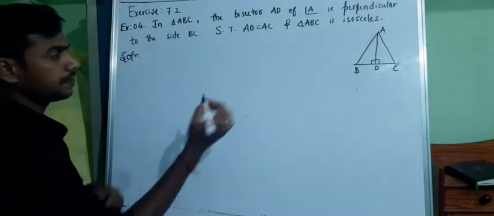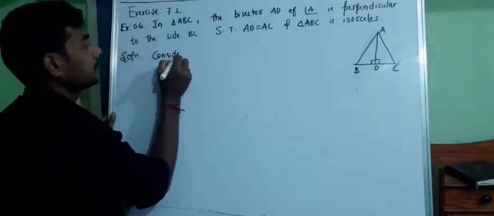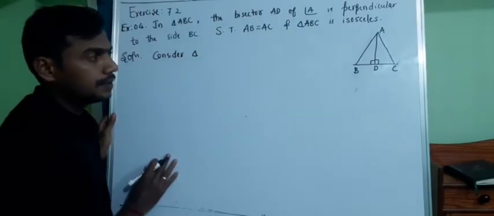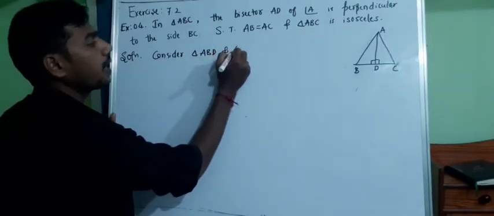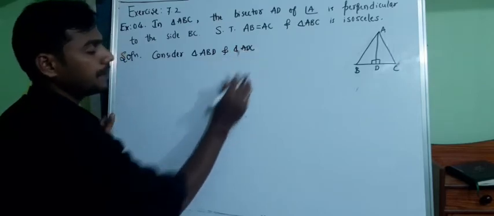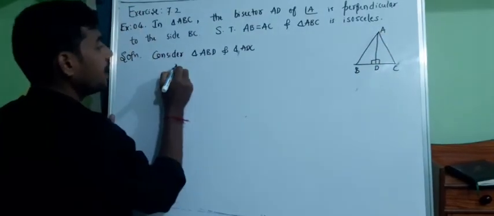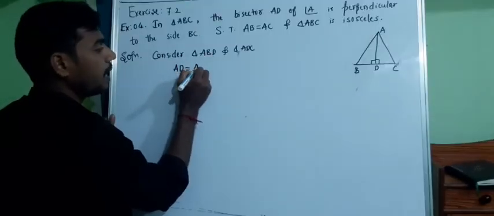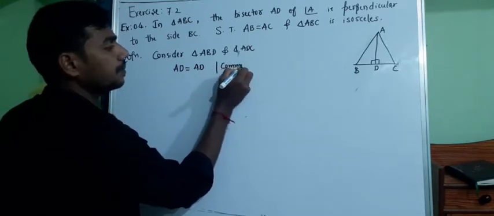Now consider triangle ABD and triangle ADC. Fine. So in this, AD is equal to AD. Why? Common side.